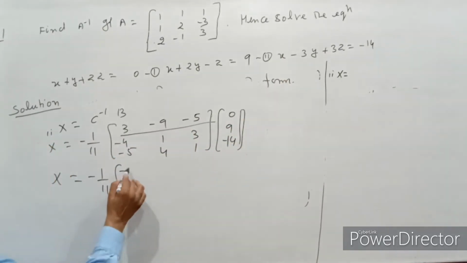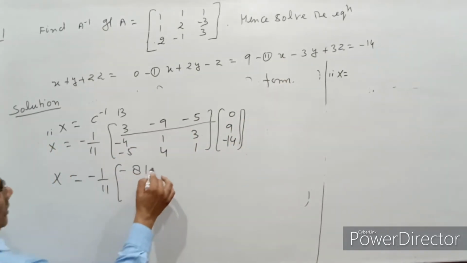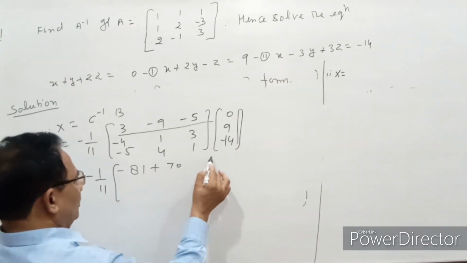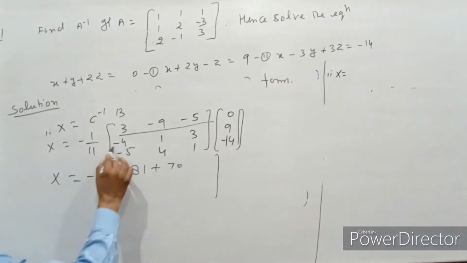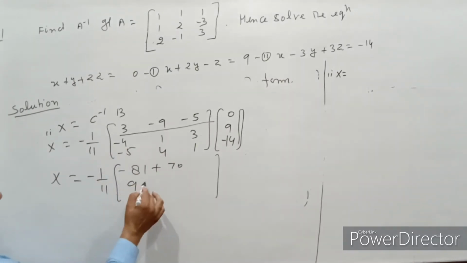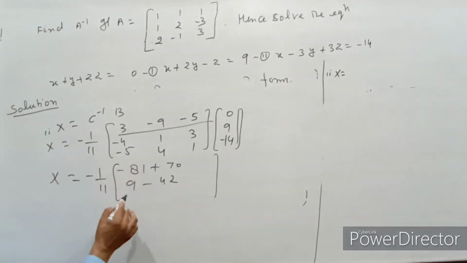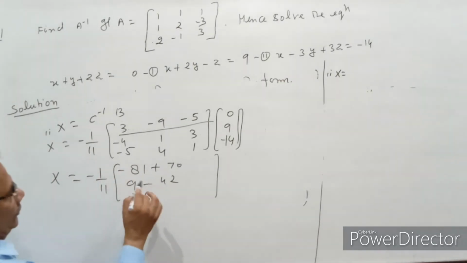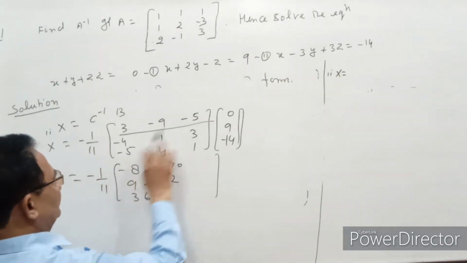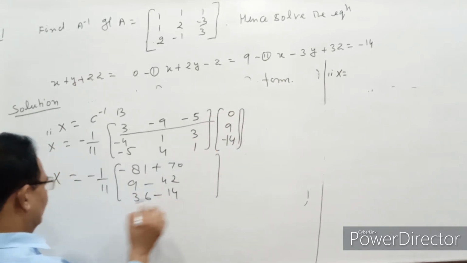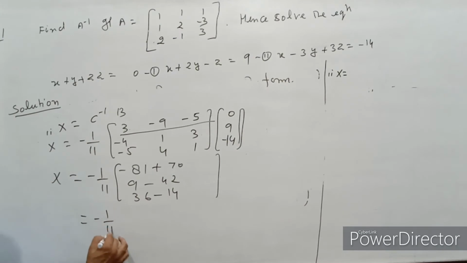This is 0 minus 81 plus 70, that is 0, 9, minus 42, 0, 36, that is 0 4 9 36 minus 14, and this is equal to minus 11.